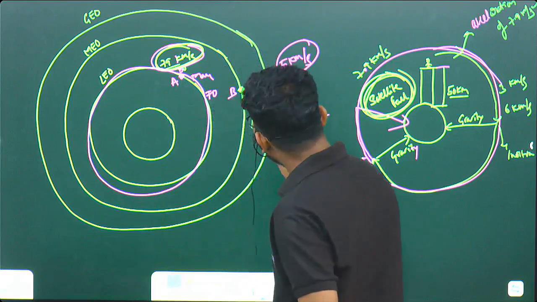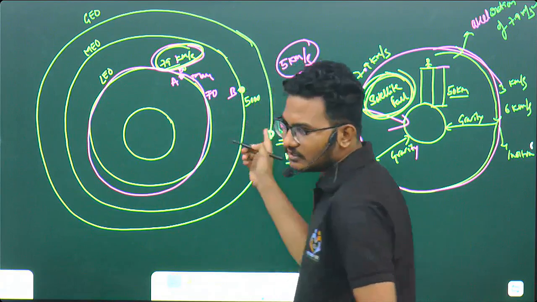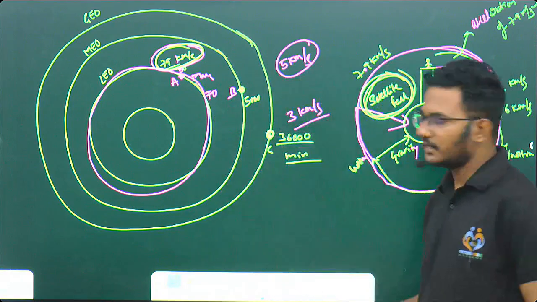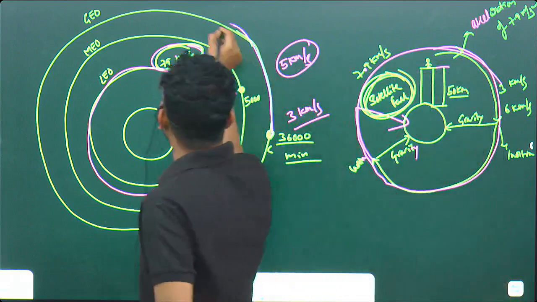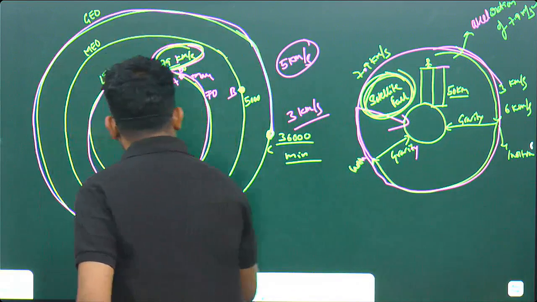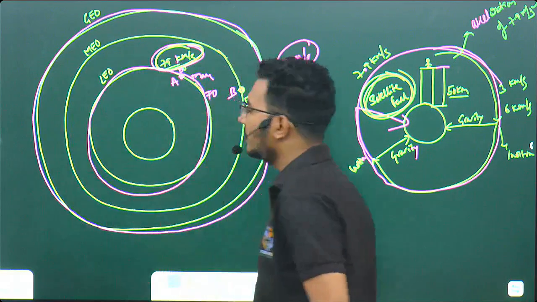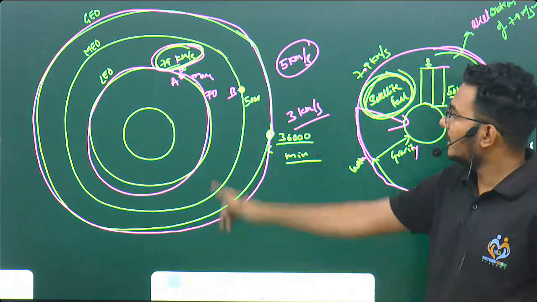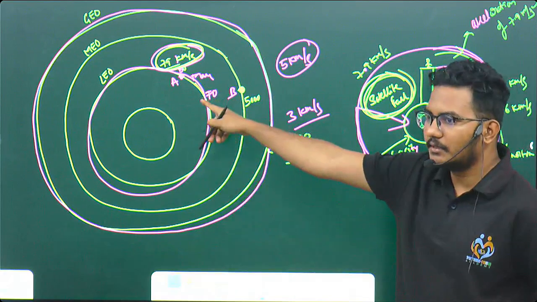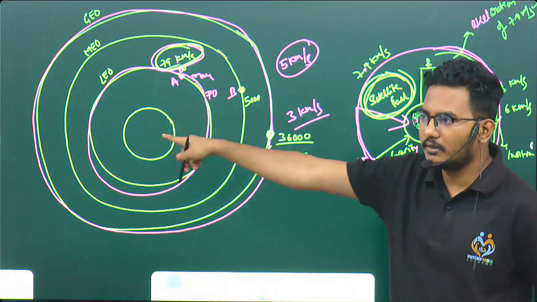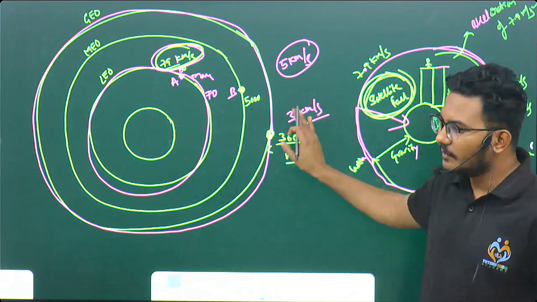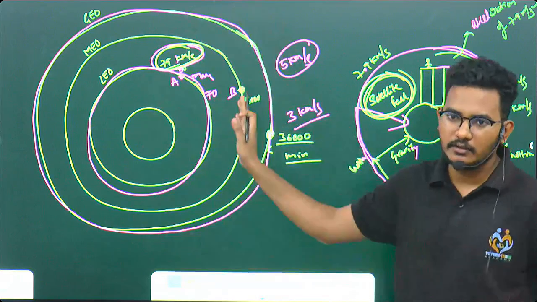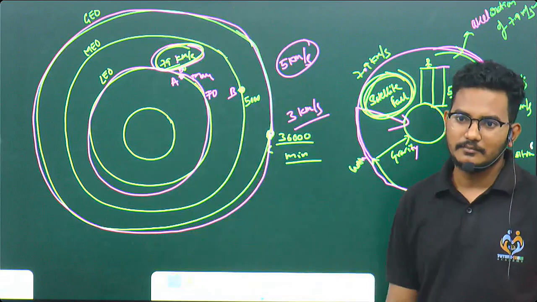And here there is one more satellite which is going at a speed of 3 kilometers per second, and it also has to cover the orbit. Now tell me which one will take less time. On one side, it has maximum speed and less distance to cover. On the other side, it has minimum speed and more distance to cover. So which one will take more time?